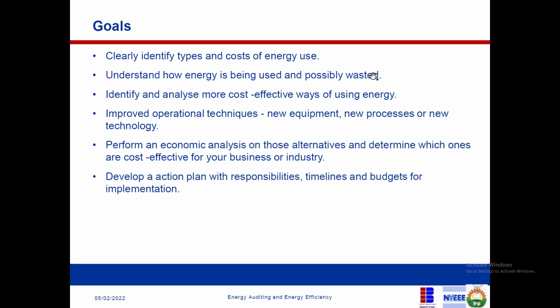So in identifying, we said you must understand how energy is being used and wasted. You must also identify cost-effective ways of using it. What are the cost-effective ways? Most often, if you go to a big industrial application, you find out that workers know how to waste energy.